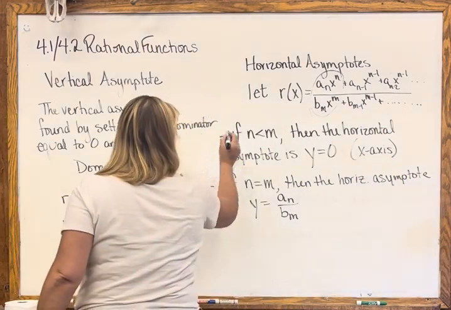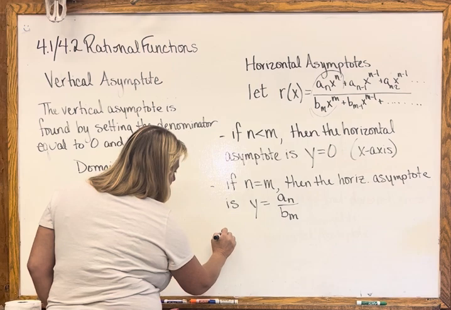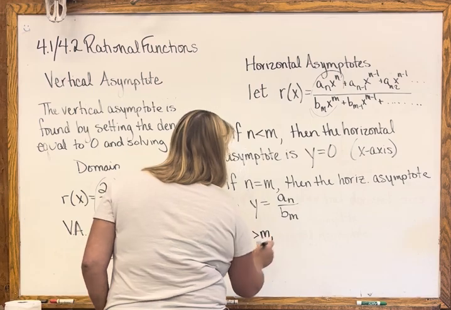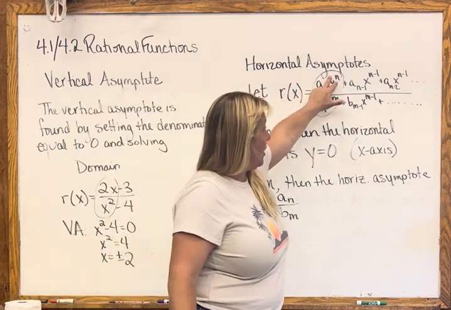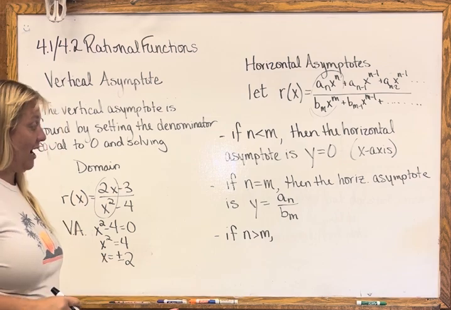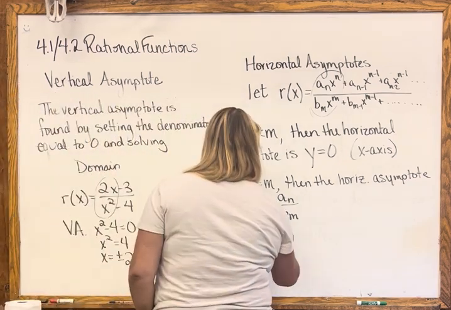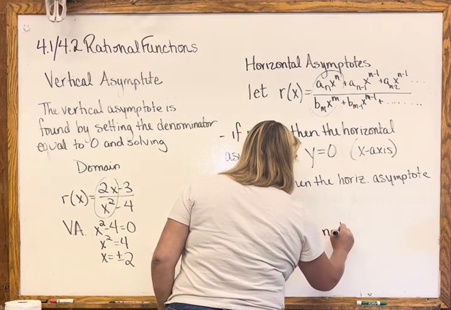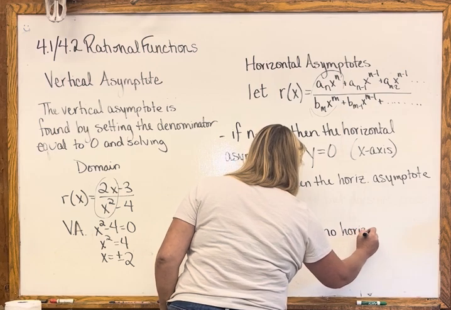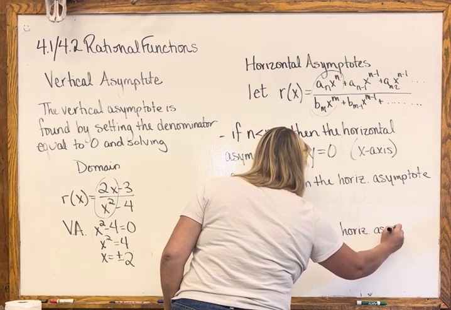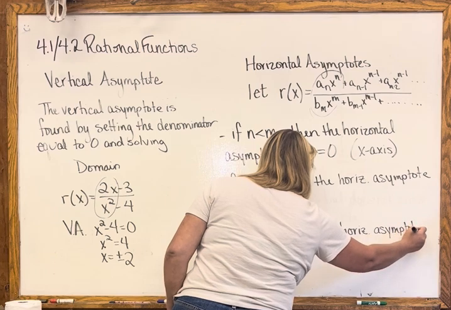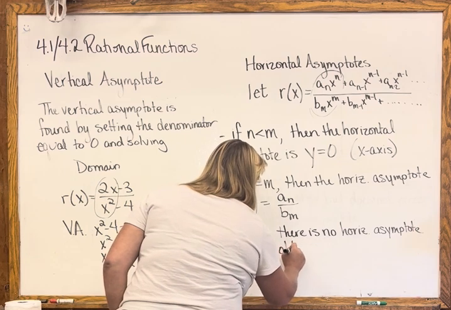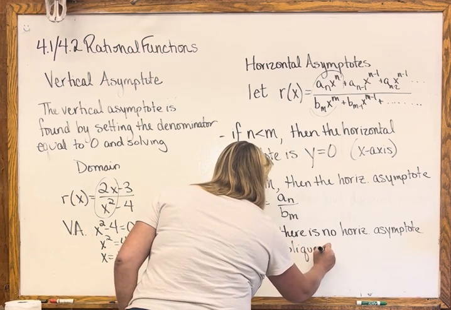Okay. And then finally, the last one says, if n is greater than m, so if the top one is bigger than the bottom one, so kind of like an improper fraction, there is no horizontal asymptote. But an oblique asymptote.